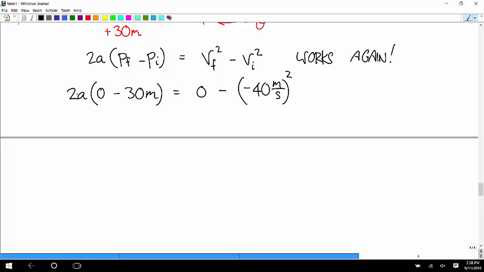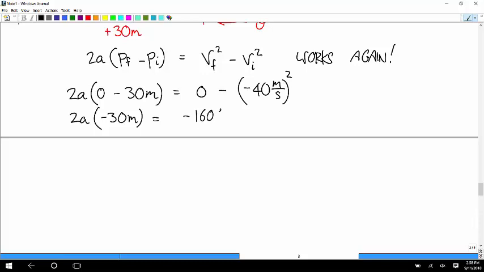So we have 2a times the quantity negative 30 meters is equal to, so this is positive 1600, and then you take negative of that. So negative 1600 meters squared per second squared.